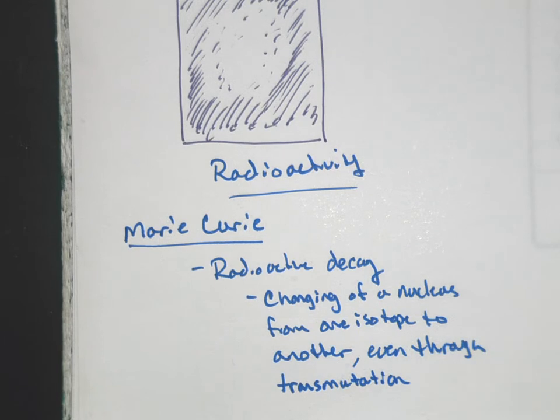Okay, and transmutation is the changing from one element to another element because the radioactive decay alters the number of protons. And this is the essence of radioactivity, the idea of changing protons and changing the nucleus because of the instability of the nucleus.